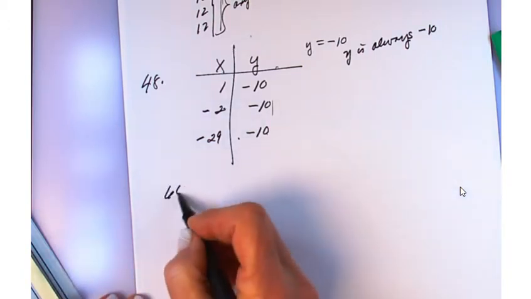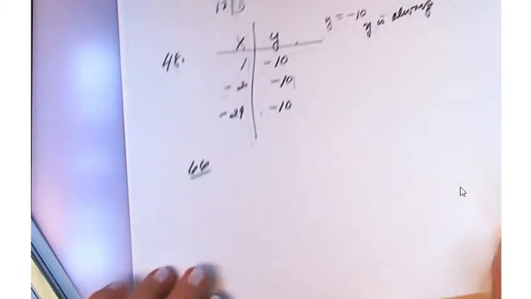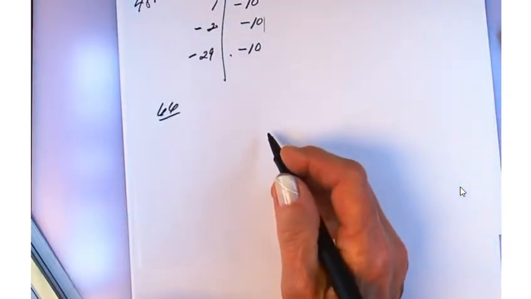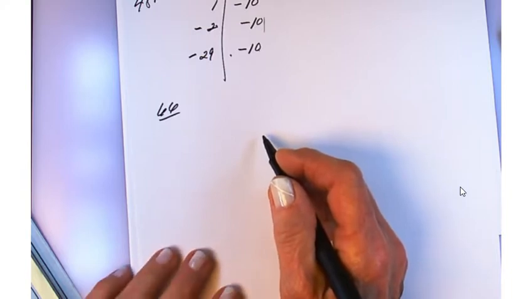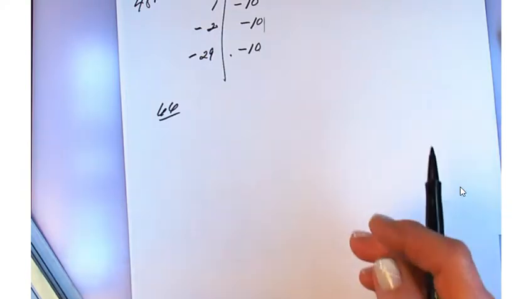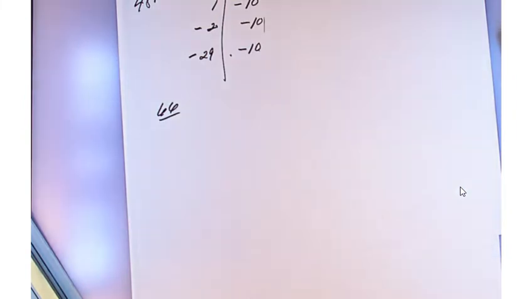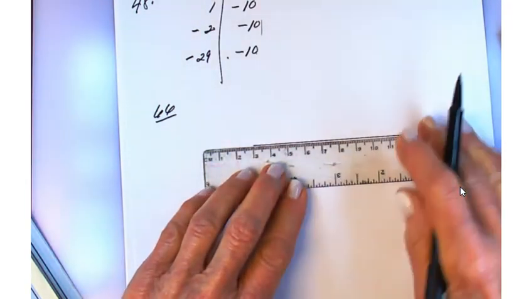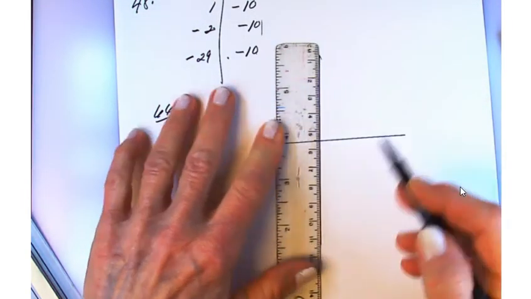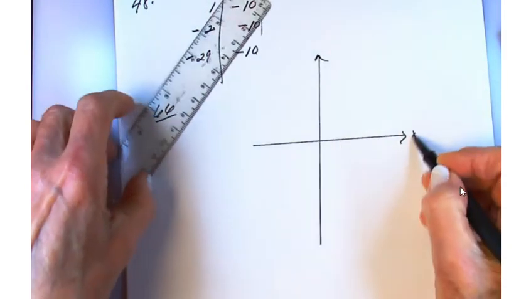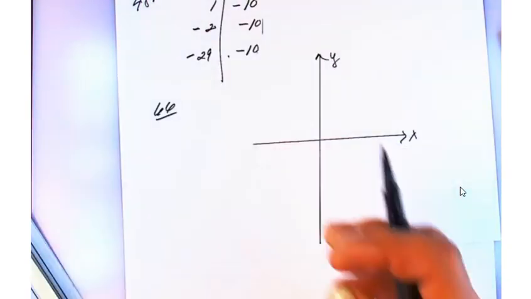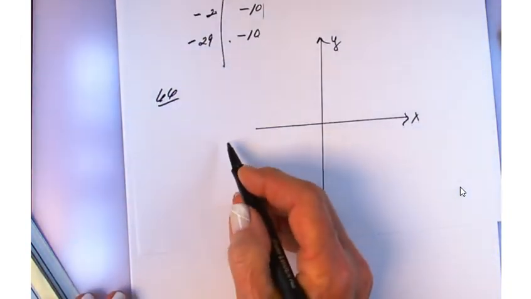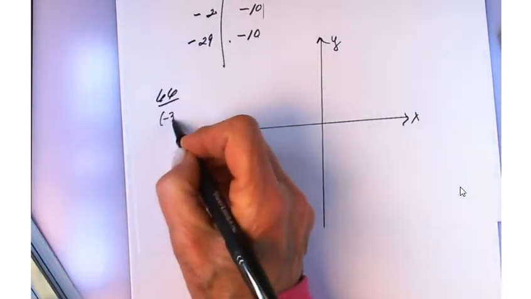66. Looking, plot each point on the rectangular coordinate system. Okay? So we have a rectangular coordinate system, which is a graph, and you need to know that's x and that's y. And our question says on problem number 66, we have minus 3, 5, and he says to plot that.